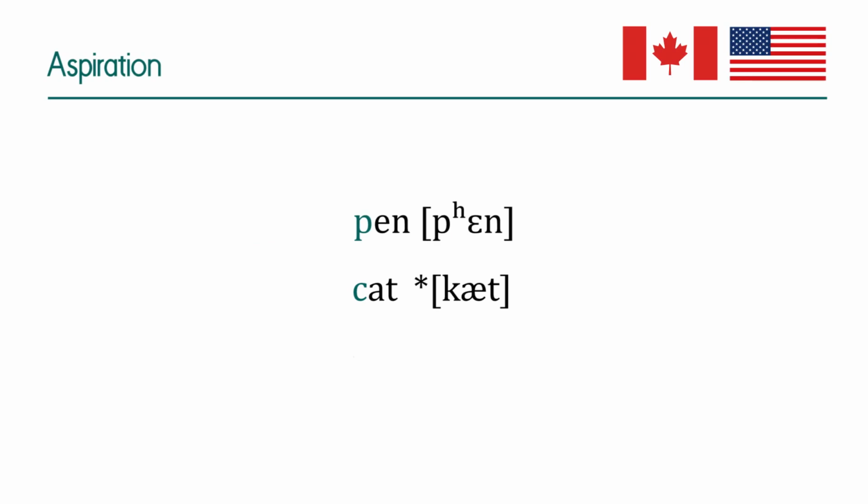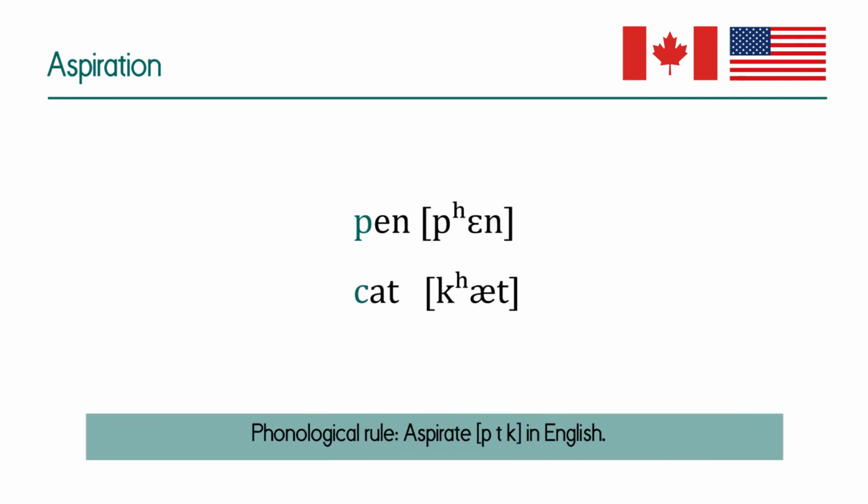So how do you pronounce cat as a Spanish speaker? Cat. By knowing this phonological rule: these sounds in English can be aspirated, okay? So guys, you want to know when to aspirate these three sounds in English. I'm going to tell you when.